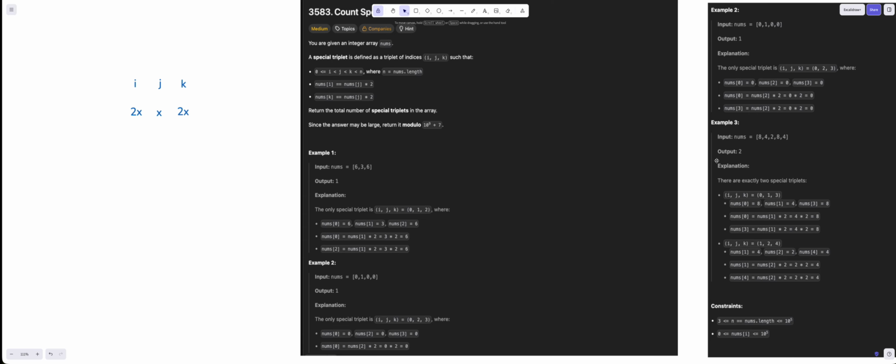So let's go to example 3. That's a little bit complicated. We're given five numbers: 8, 4, 2, 8, 4. The output is 2. How do we get the output 2? Let's move that aside so we have a better understanding.